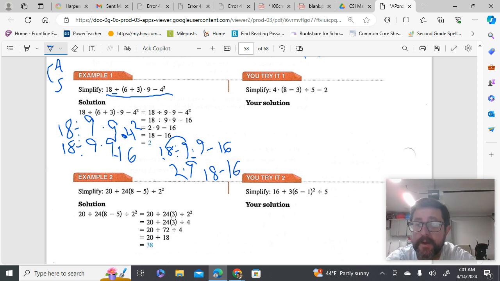So we go 18 minus 16 is 2. And our answer is 2.